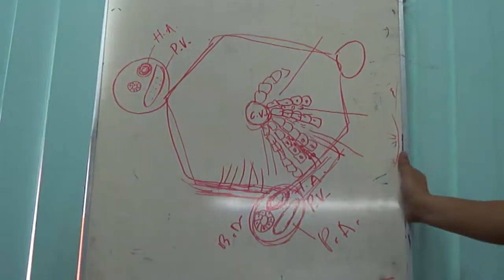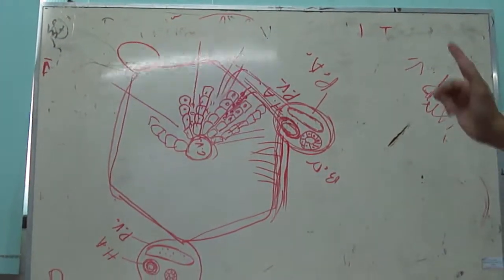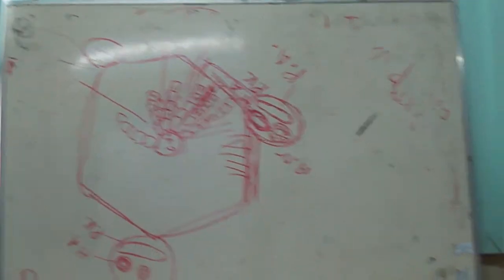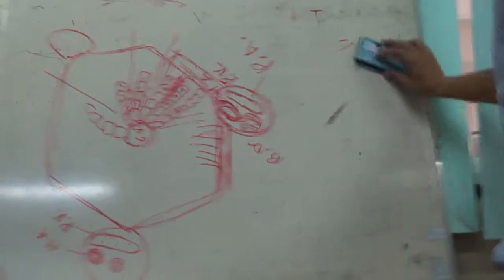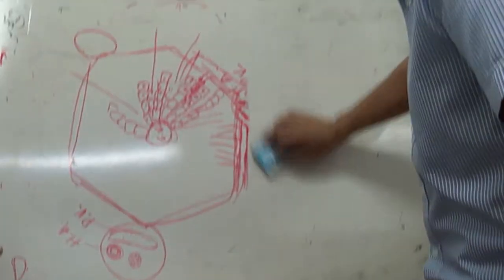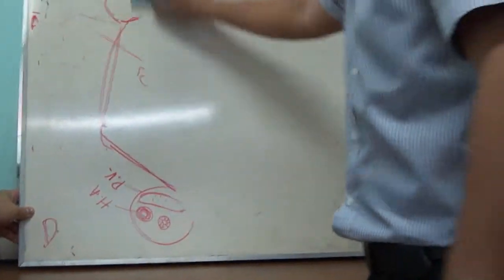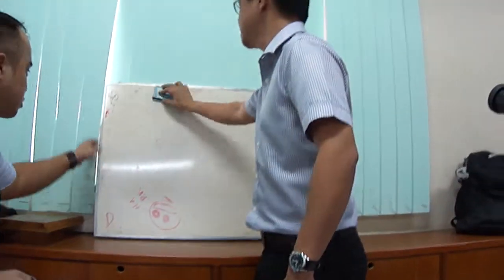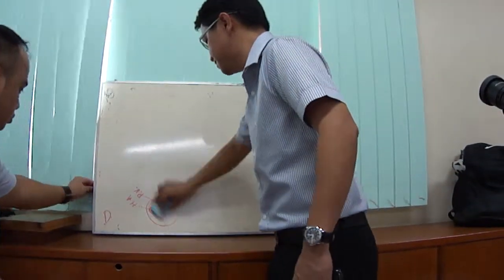Now, before going to the histology of the bile duct, although you have not yet encountered or discussed the small and large intestine, we will have to begin with the histology of those two organs.